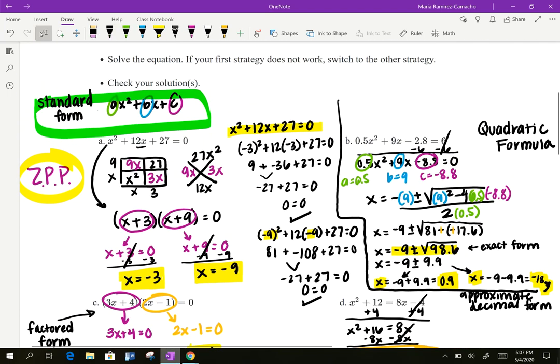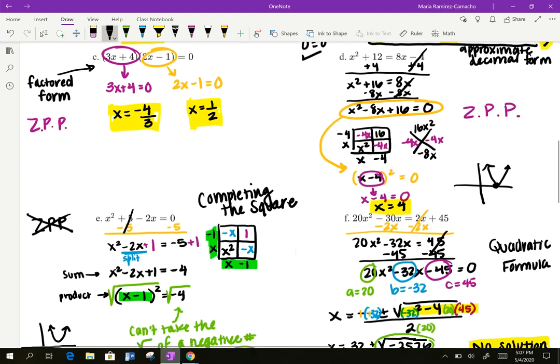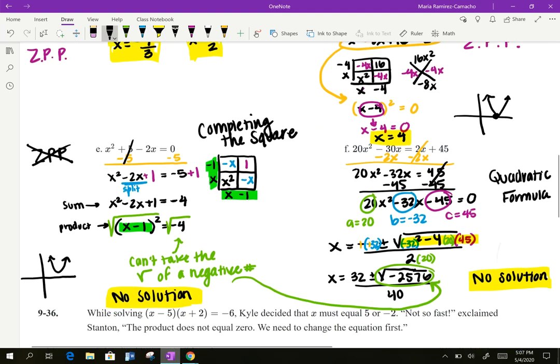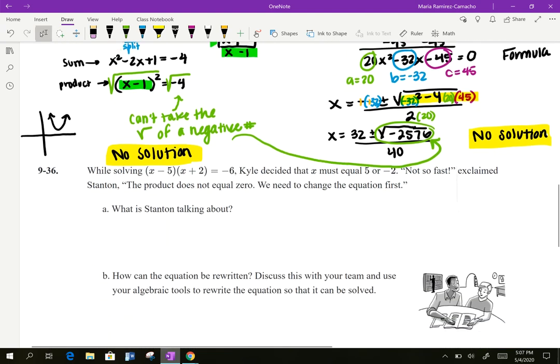If you think it's going to be a nice factorable quadratic, use it too. If you've got something like this in part E where you have just a single x squared term and you've got an even x term, you can complete the square. And for all other cases, quadratic formula will always work.